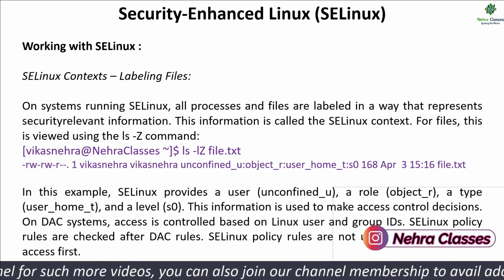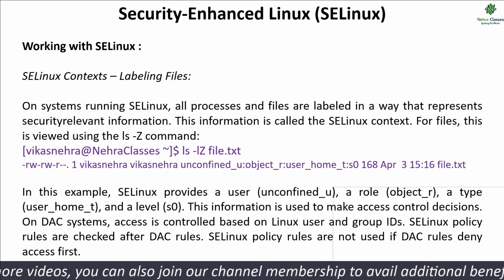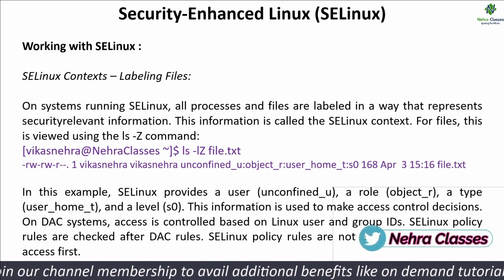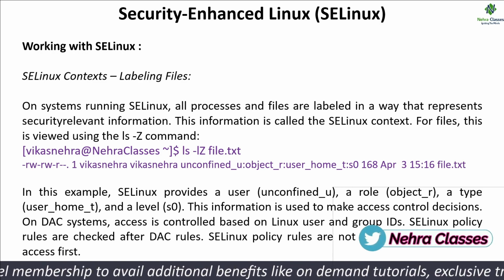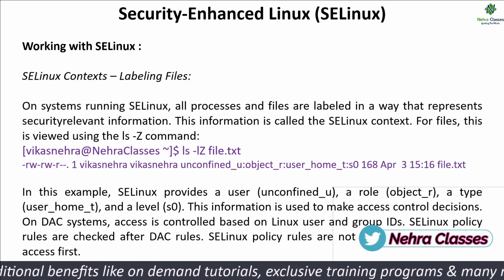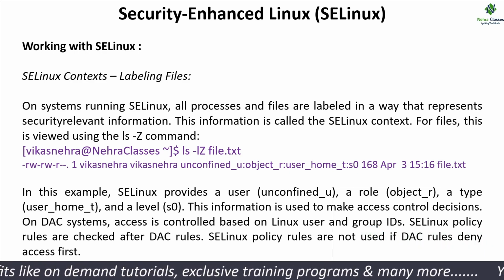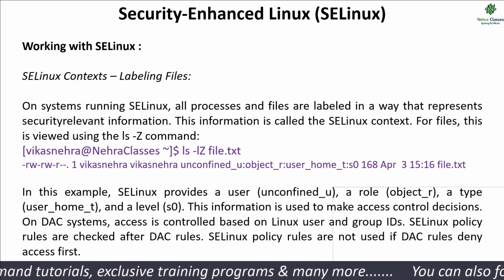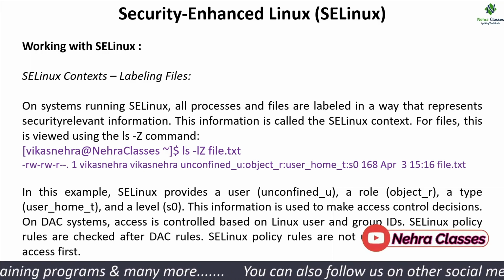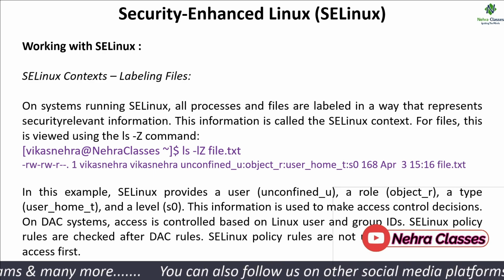In this example, SELinux provides a user, which is unconfined_u, a role, which is object_r, a type, which is user_home_t, and a level, which is s0. This information is used to make access control decisions.